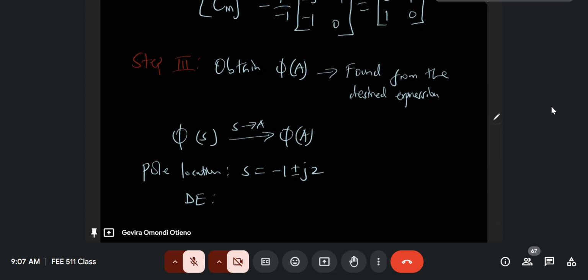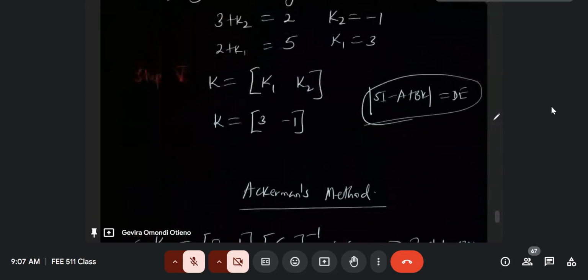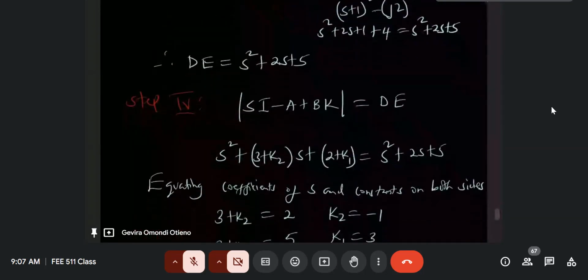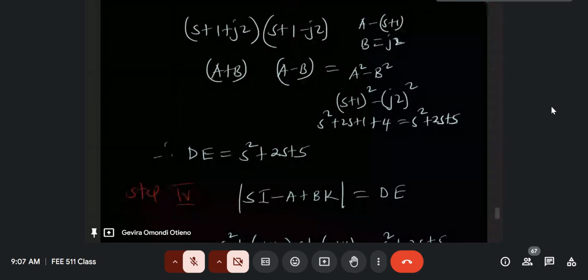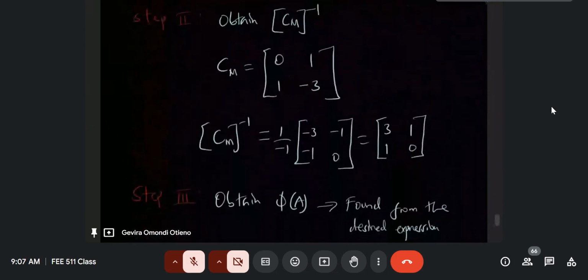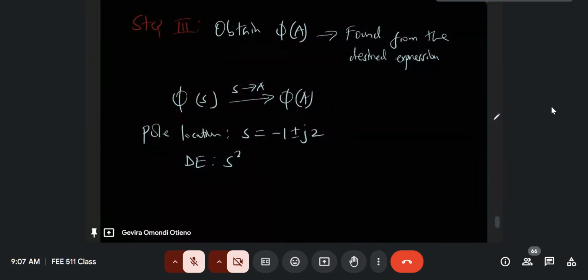The desired expression was obtained as what? From the previous example, S squared plus 2S plus 5. So you already know how to obtain it. I've indicated it here. But you know how to get it. I'm only trying to save time because there's no need of doing it over and over again when we already did it previously.